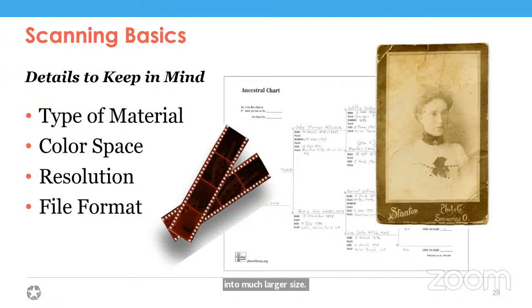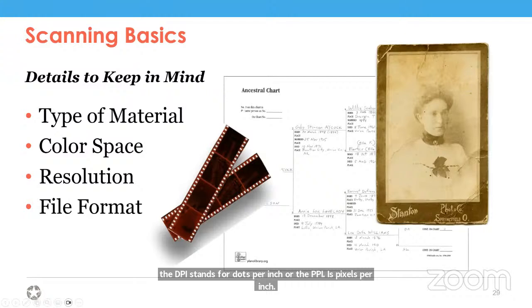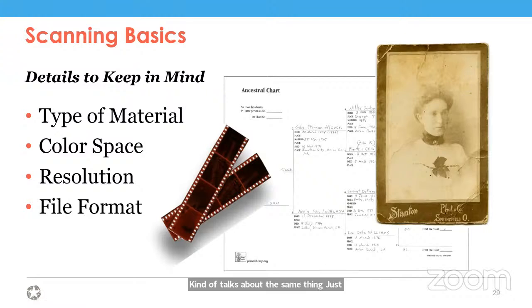And the DPI stands for dots per inch, or the PPI is pixels per inch. It kind of talks about the same thing. Just your software or your scanner might have settings for DPI or PPI. You'll see one or the other or both.